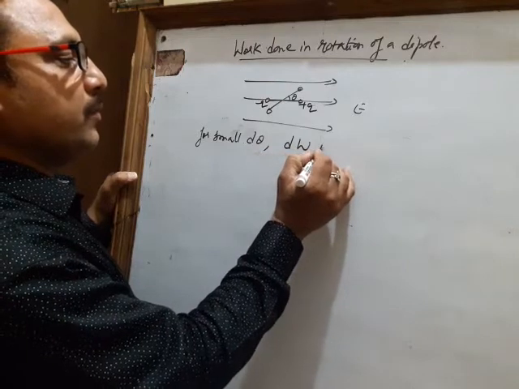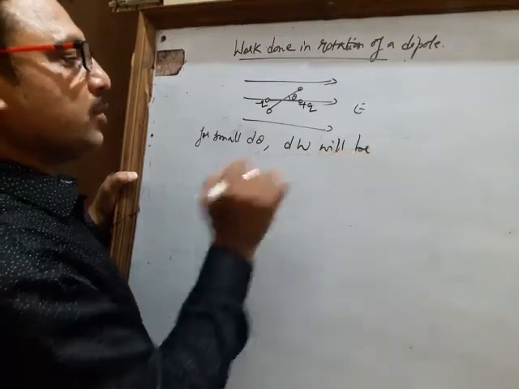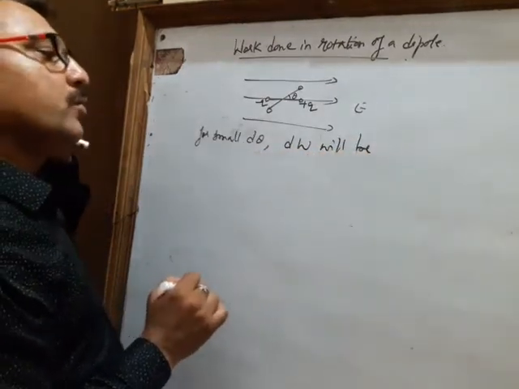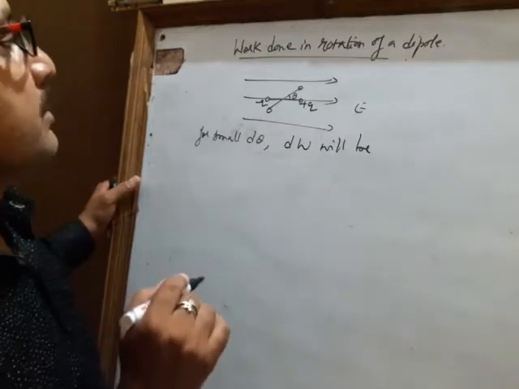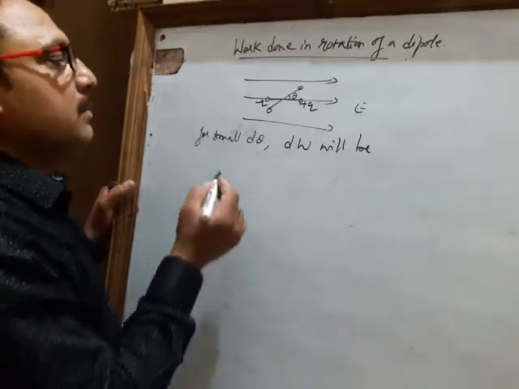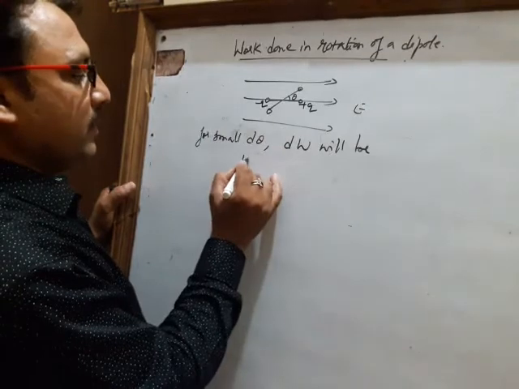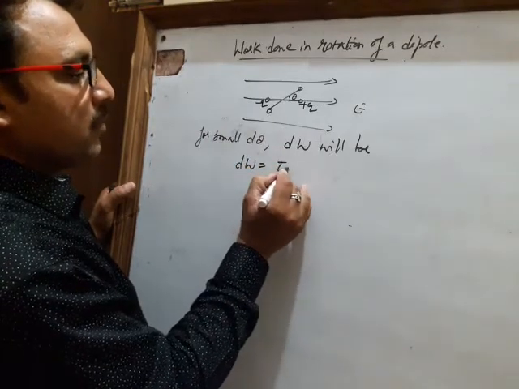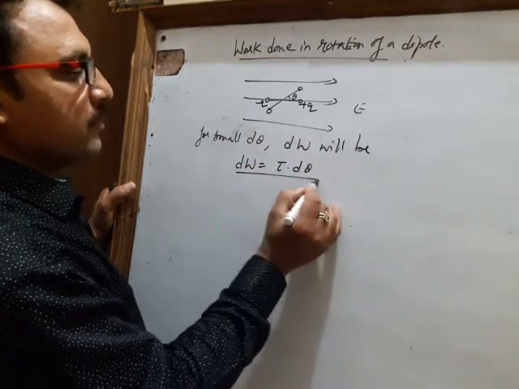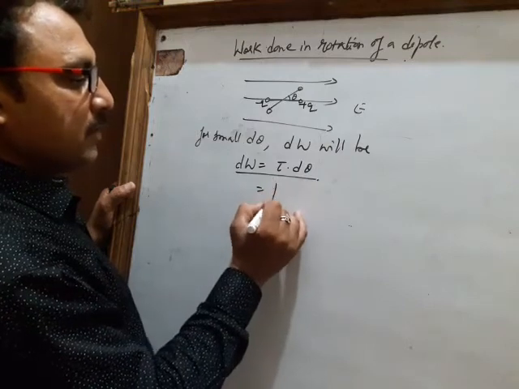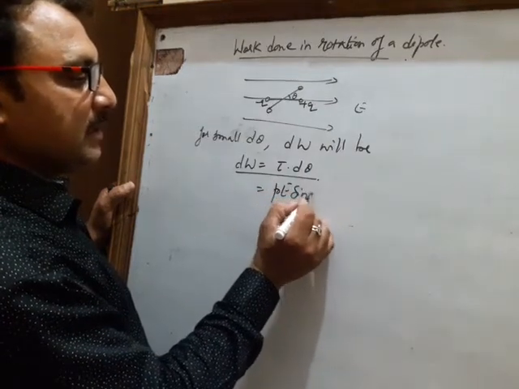dW will be equal to how much? Small amount of work done in moving the dipole by a small angle d theta. dW will be tau into d theta. Already you know what is tau? Pe sin theta d theta.